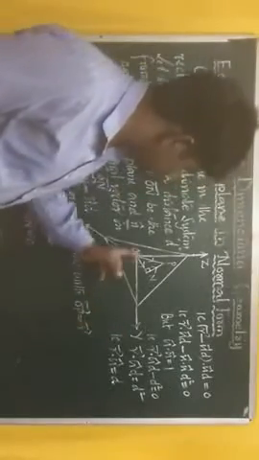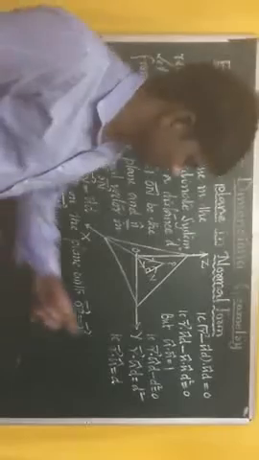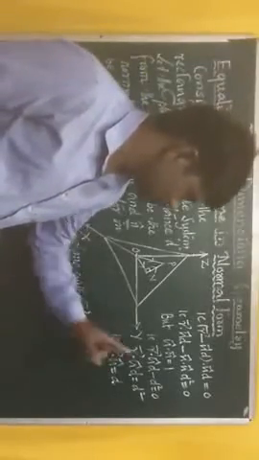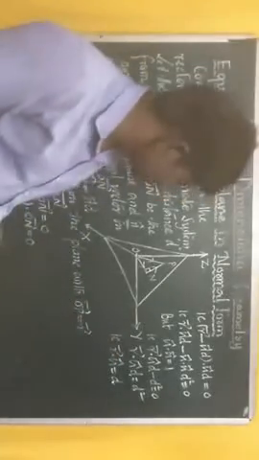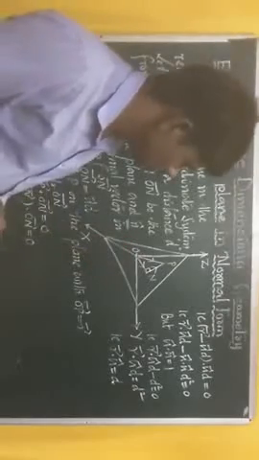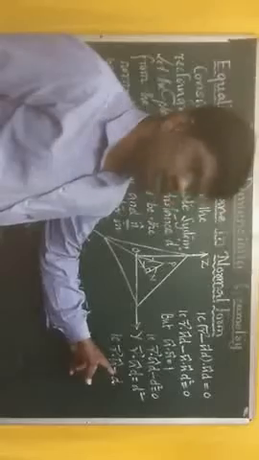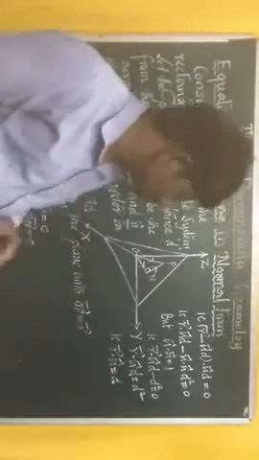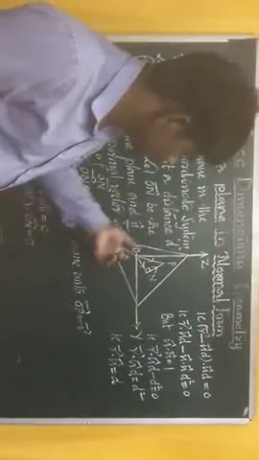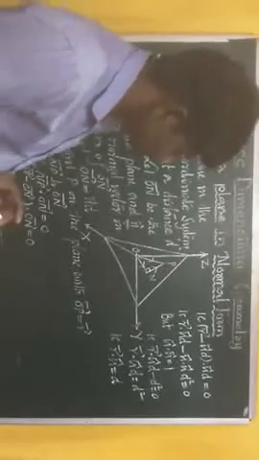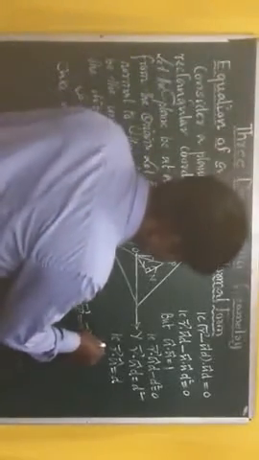Here vector r is the position vector of the point P, n cap is the unit normal vector along the direction of vector ON, and d is the perpendicular distance of the plane from the origin.